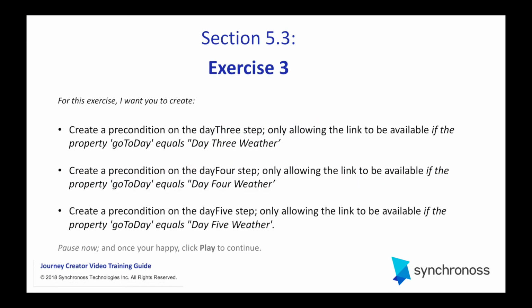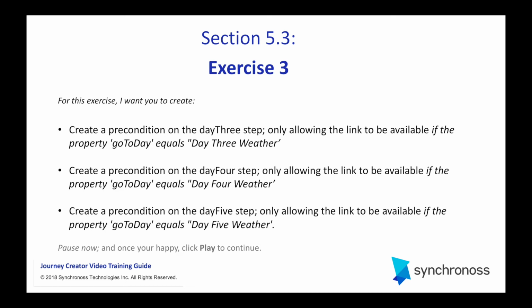Firstly, create a precondition on the day 3 step, only allowing the link to be available if the property go today equals day 3 weather. So it has to equal what we've entered into the ARD. The same should apply for day 4 and day 5. So create a precondition on the day 4 step, allowing the link to be available if the property go today equals day 4 weather.